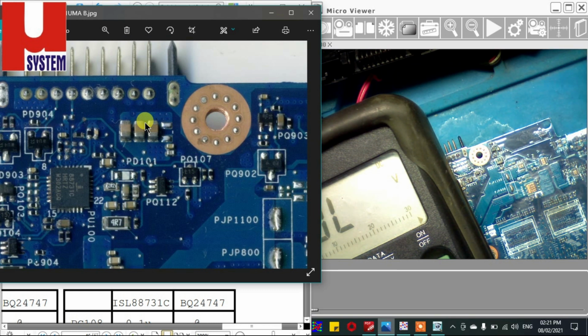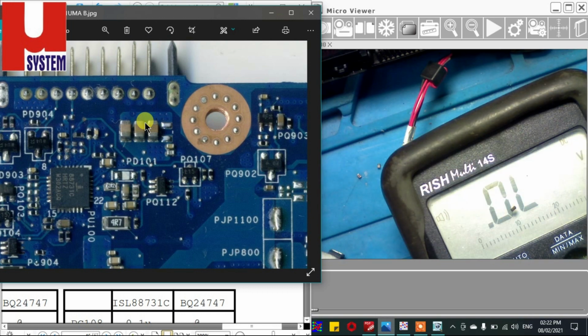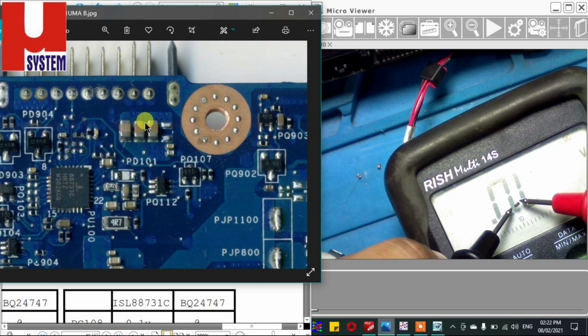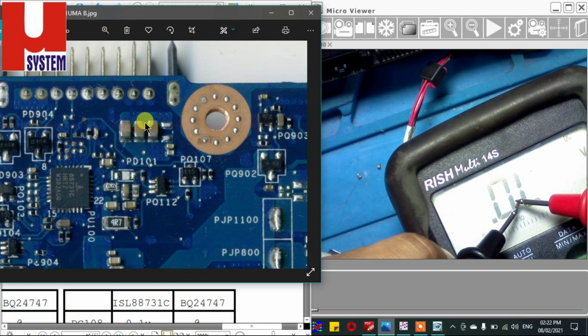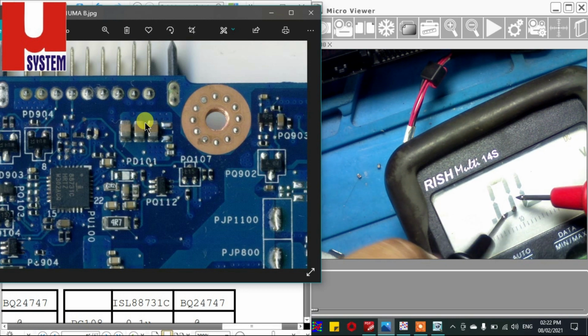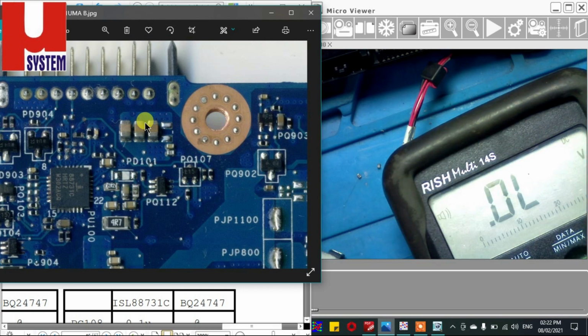Now we are going to check with the PF also. I am going to check with the PF. It's not showing me any type of reading. So this PF may be okay.